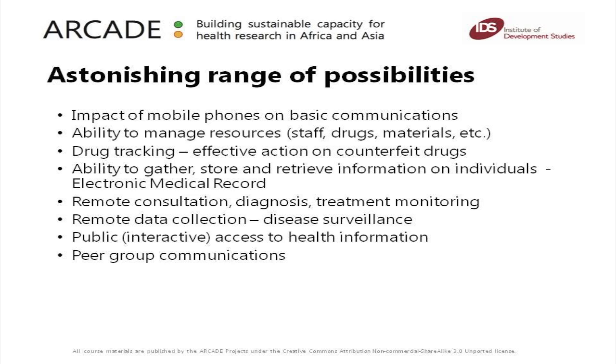Finally, we have the dramatic increase in the scope of what I've called peer group communications. In the past, people with medical problems would talk to their family, their friends, contacts, colleagues, and so on. With the arrival of the mobile phone and the internet, the number of people you can discuss your problems with has grown exponentially.